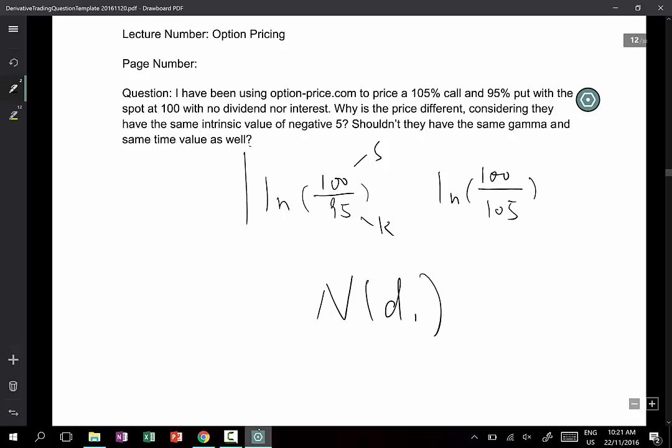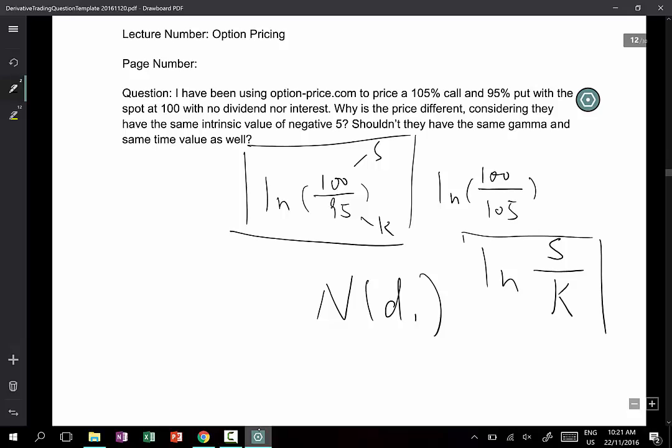There is a term which is the log of S, your spot price, over K, and the log of, so this is part of the option pricing formula.